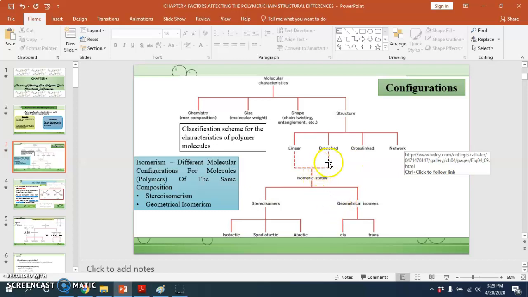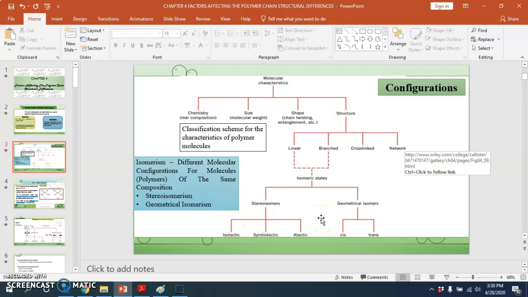Okay, for linear and branched, it is the isomeric state. So it can be either stereoisomer or geometrical isomer. For stereoisomer, it can be divided into the stereoregular structures, which are isotactic, syndiotactic, or atactic.